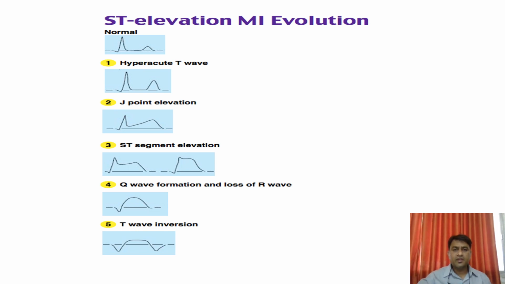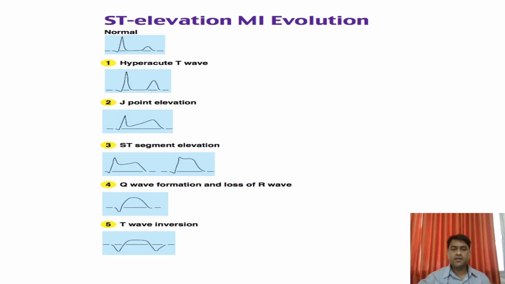So ST segment elevation in myocardial infarction: there is a hyperacute T wave. Then the J point elevation. Initially the J point is elevated, and then the whole segment is elevated.